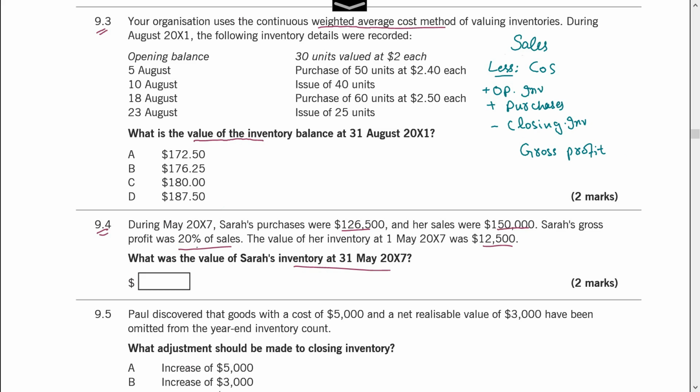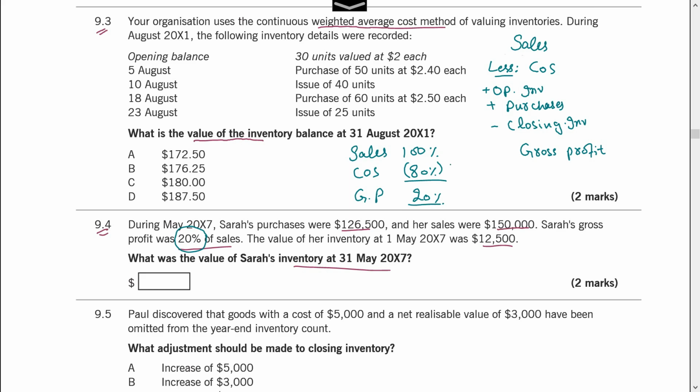So the question is saying that our gross profit is 20%. So let's say here is our sales, and here is our cost of sales, and here we have our gross profit or GP. If our sales are 100% and our gross profit is 20%, then that means our cost of sales will be 80%, right?